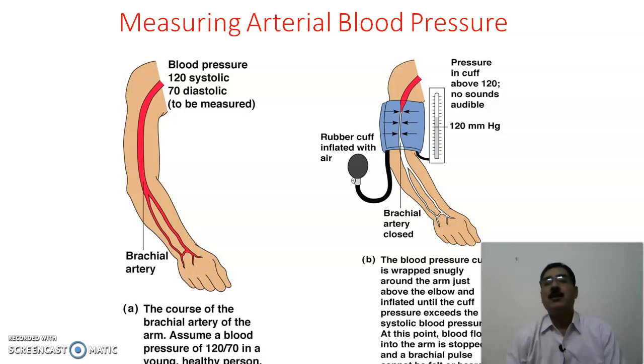The pressure in the cuff is above 120 and no sounds are audible. At this point, the blood pressure cuff is wrapped snugly around the arm just above the elbow and inflated until the cuff pressure exceeds the systolic blood pressure. At this point, the blood flow into the arm is stopped and the brachial pulse cannot be felt or heard.